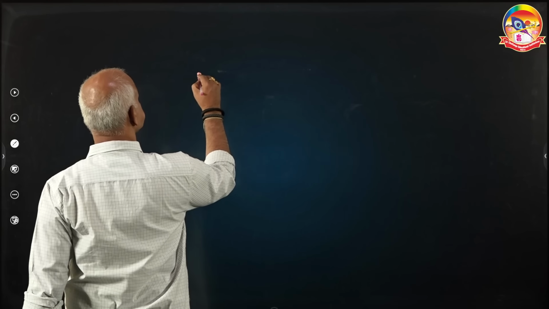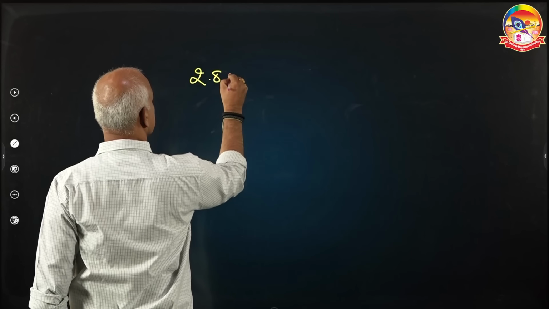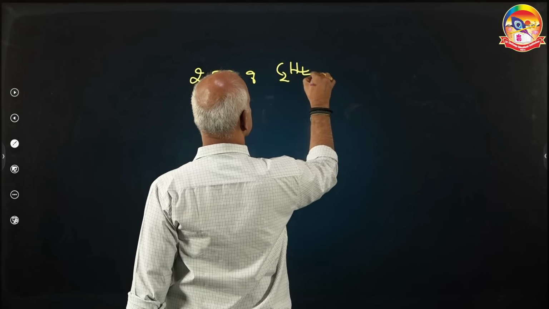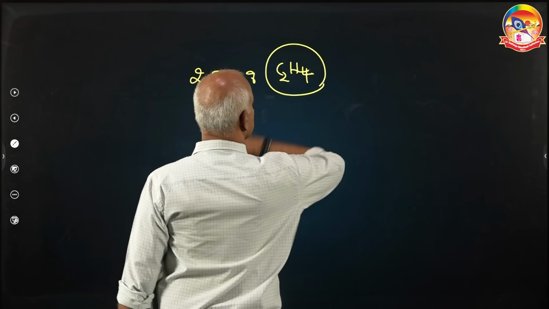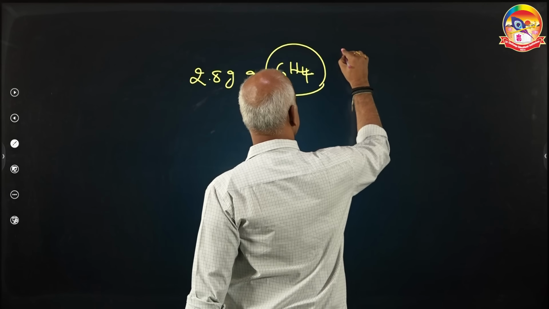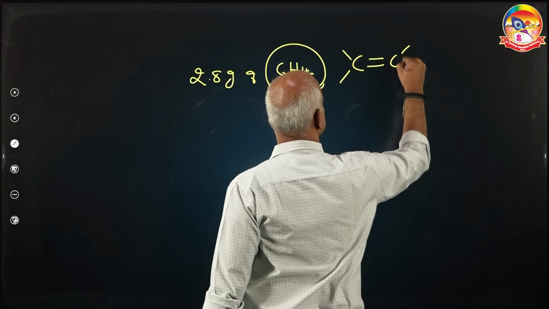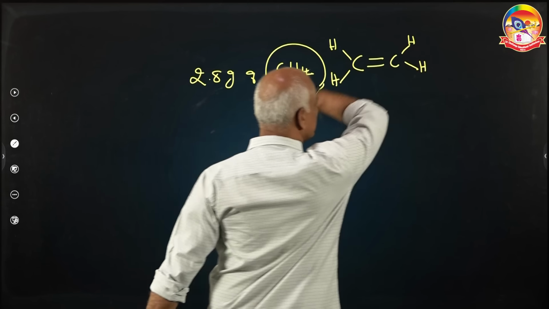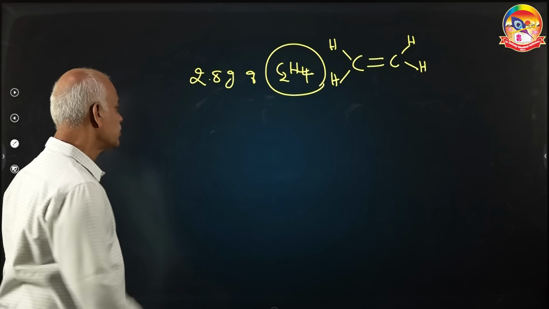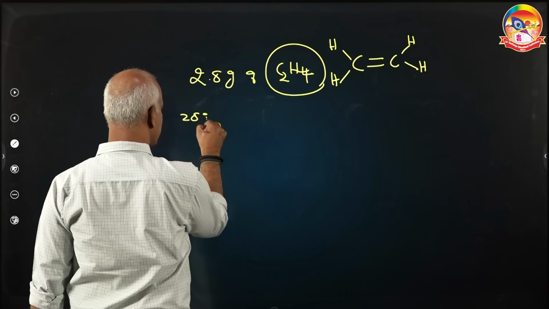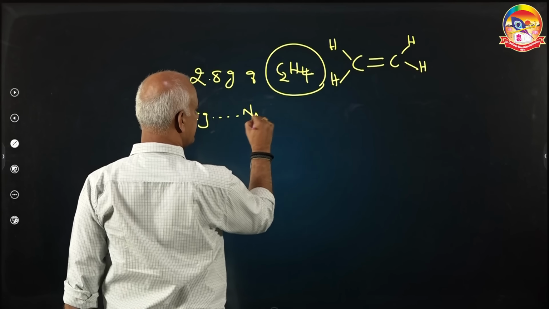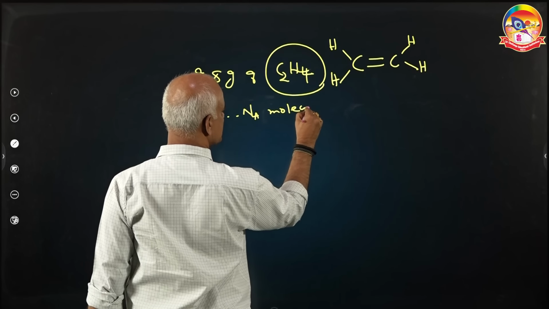Another one, suppose if anybody is giving you 2.8 grams of C2H4. C2H4, I am writing in a proper way. 28 grams contain, I'll write each one of them, Na molecules, because the molar mass is that.